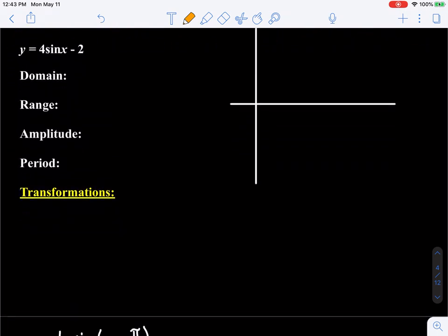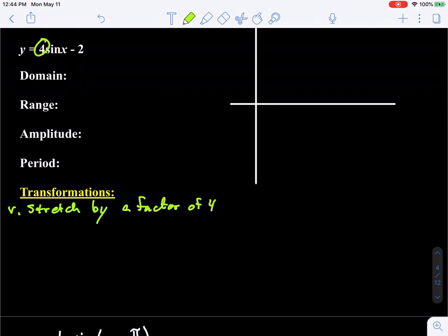All right, the next graph here. Think about our transformations. All right, so we got a 4, which is your vertical stretch by a factor of 4. And then we have this, which is down 2.